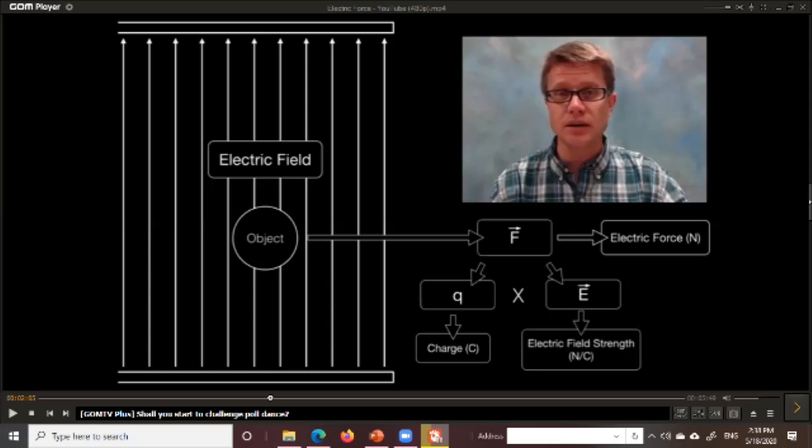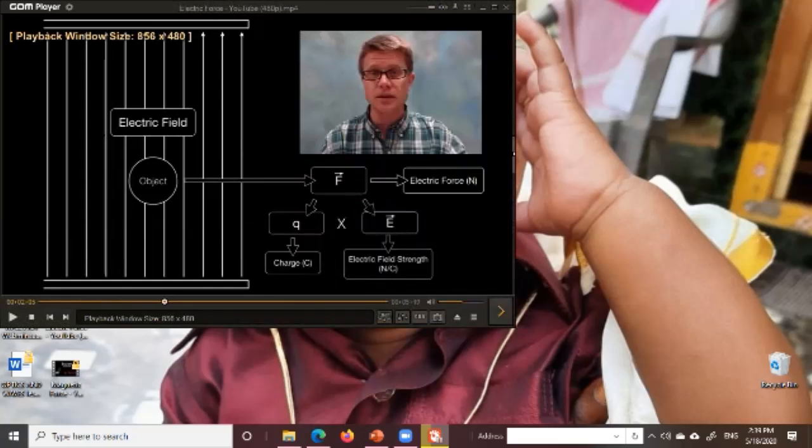The force can be calculated as the product of charge and electric field. What is the charge? Q. And what is the electric field? E, capital E. Therefore, Q into E represents the force experienced in an electric field by the particle or by the charge. Okay, do you understand? Yeah.